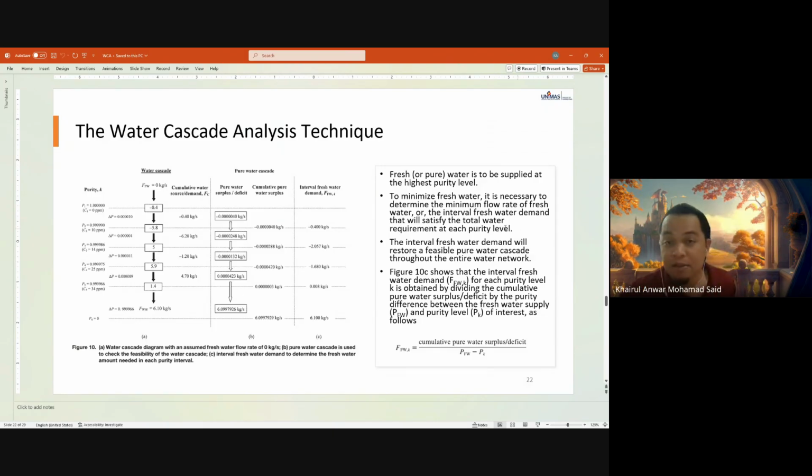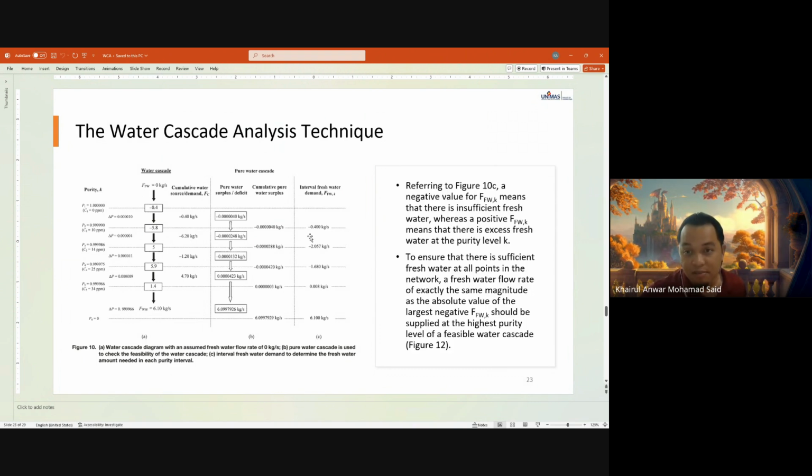Okay, so you see from this it now started to be negative, giving negative values. To find the pinch, among the negative values we choose the largest value of FFW, the largest negative.